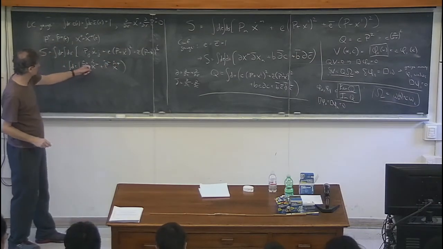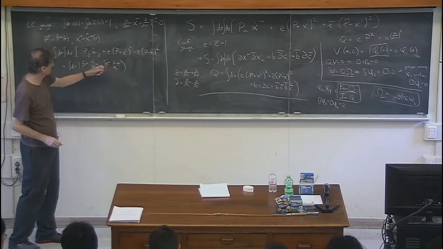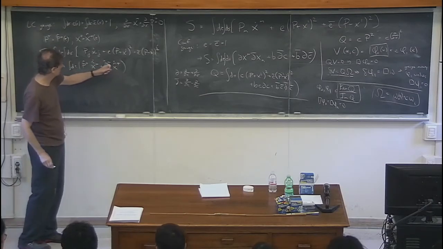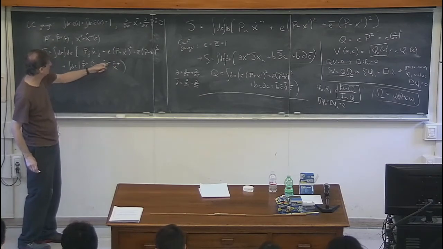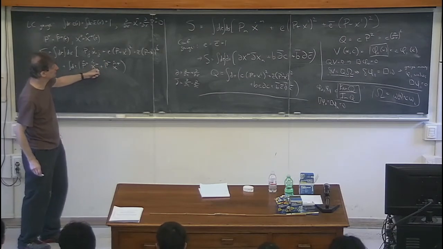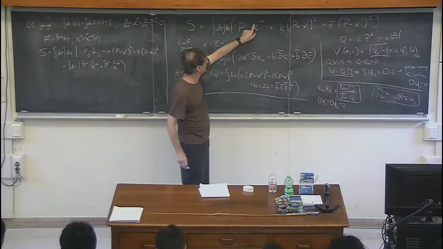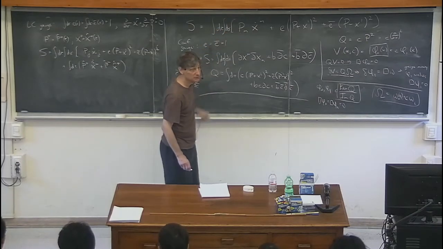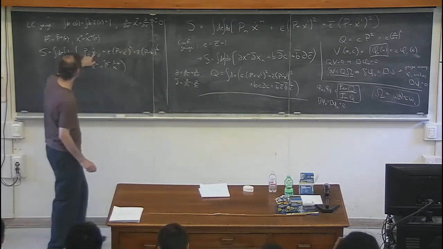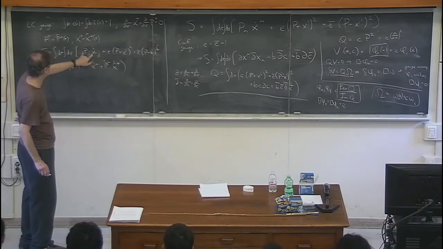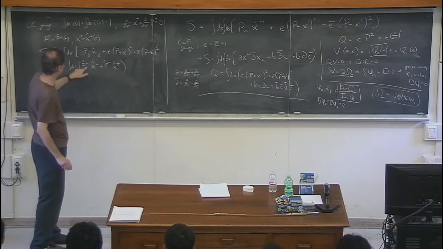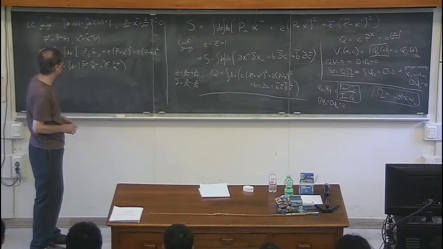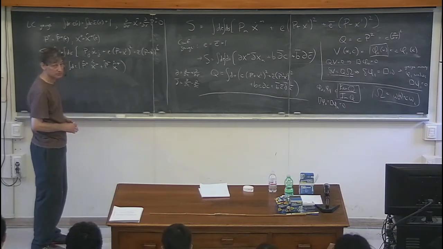Only the zero modes of P plus and X plus contribute. Because of that, also only the zero modes of P minus and X minus contribute here. That's just because if only the zero mode of this contributes, then when you integrate over sigma, only the zero mode of this contributes. So for the transverse components, all of the sigma dependence is still there, but for the plus and minus components, only the zero mode contributes.